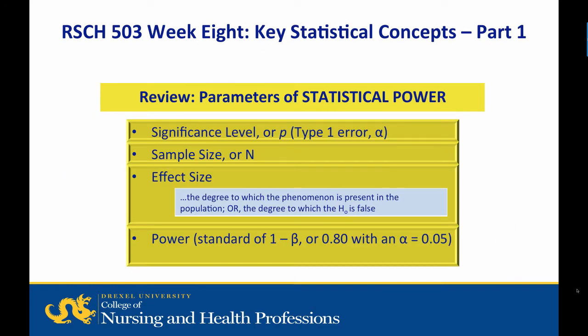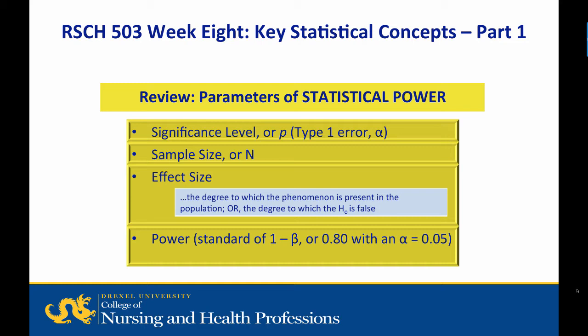In the previous session, we indicated that Step 4 of statistical hypothesis testing was to conduct power analysis. As a brief review, let's discuss the parameters of power analysis. First, power is a function of the significance level chosen. This is noted as lowercase p.